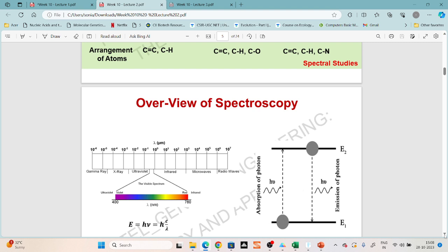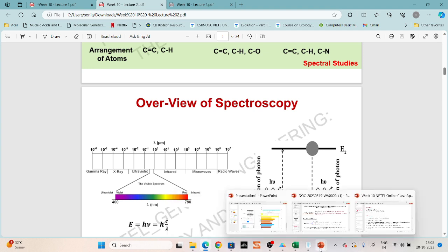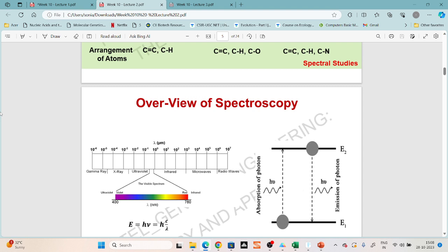Okay, so this formula, here only I'll just tell you. Energy is given by h mu, and mu is written as c by lambda. So E is equal to hc by lambda.